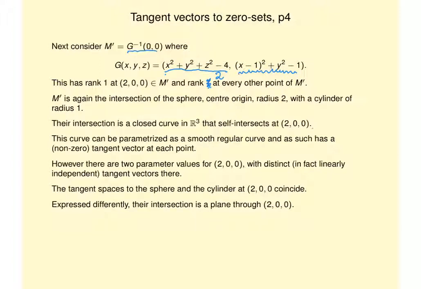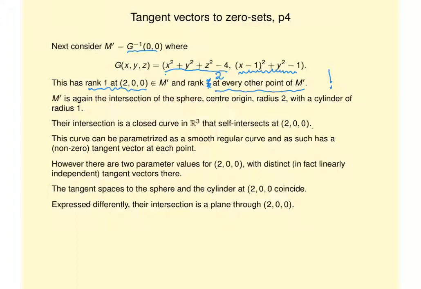This has rank 2, maximal rank, at every point of M prime, the zero set, except the point (2, 0, 0) at which it has rank 1. And that is a problem point. And again, I urge you to check that for yourselves.